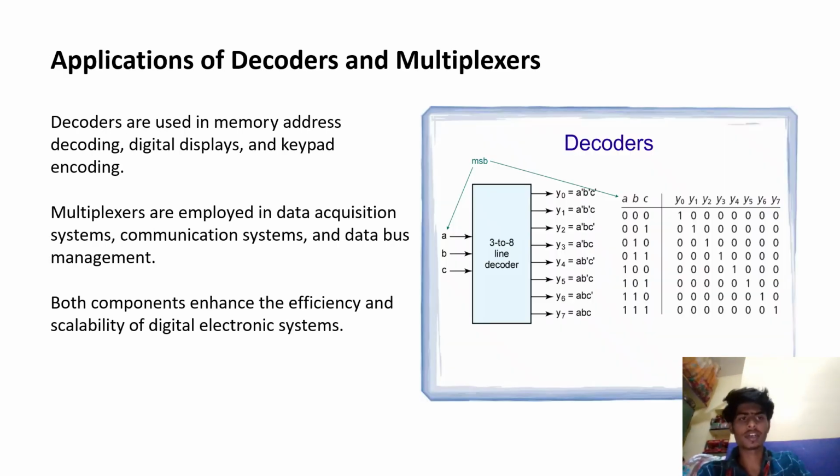Now, the applications of decoders and multiplexers. Decoders are used in memory address decoding, digital displays, and keyboard encoding. Multiplexers are employed in data acquisition systems, communication systems, and data bus management. Both components enhance the efficiency and scalability of digital electronic systems.